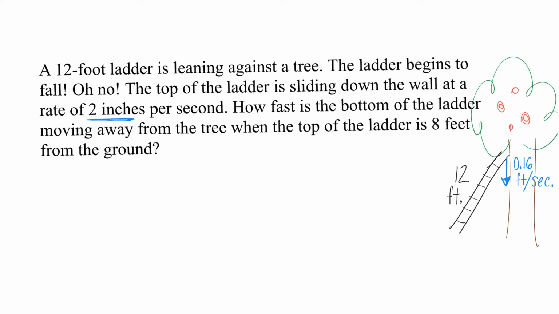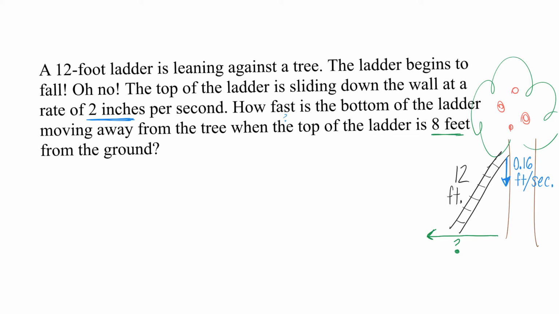The question is: how fast is the bottom of the ladder moving away? So the bottom of the ladder is also moving away, right? As the ladder falls, the bottom's moving away until it's flat. So our question is, how fast is this moving when the top of the ladder is 8 feet from the ground?